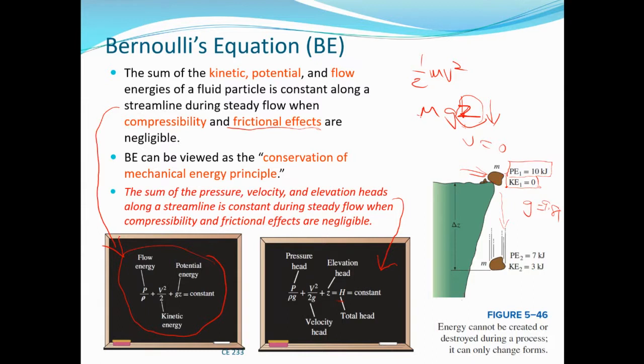And that's why at some point here, you see the kinetic energy has increased from 0 to 3 kilojoules. The potential energy has dropped from 10 to 7 because it has lost this distance, delta z. It has lost the value mg delta z. This is the value lost because of the reduction in height as it goes down. So that's why we say if this is fluid, when you go down, the pressure increases.